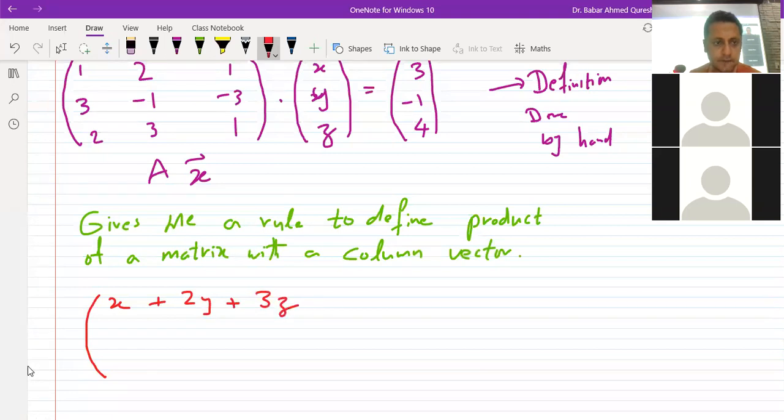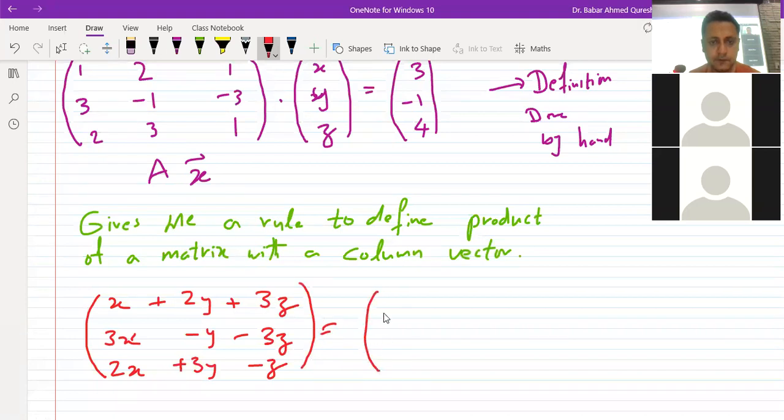That's 3x minus y minus 3z, 2x plus 3y minus z is equal to 3 minus 1, 4.